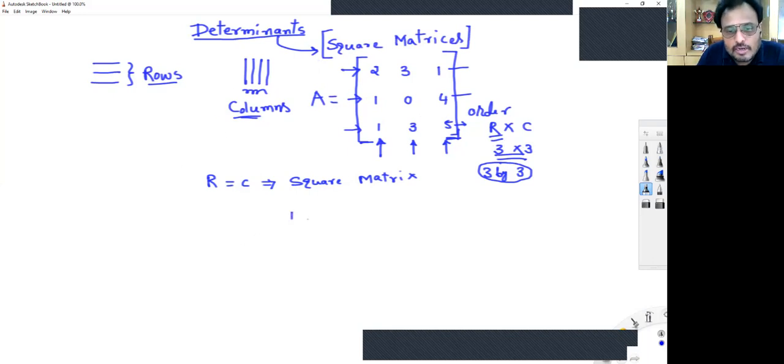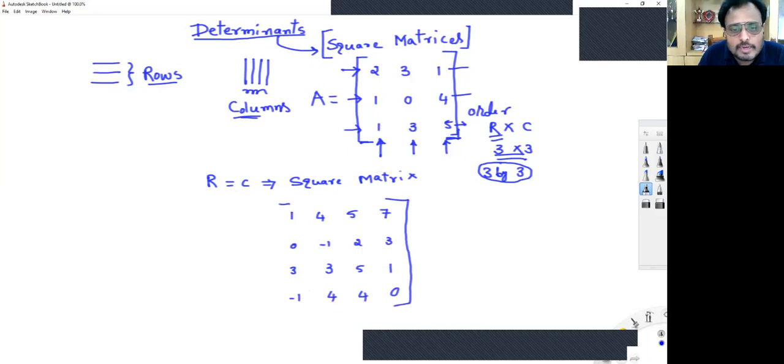Suppose 1, 4, 5, 7, 0, -1, 2, 3, 3, 3, 5, 1, -1, 4, 4, 0. This is also a matrix, always enclosed in square brackets. Name it as matrix B.